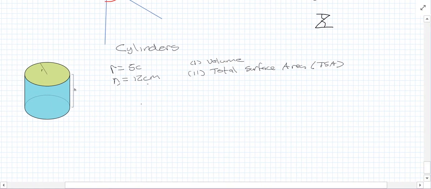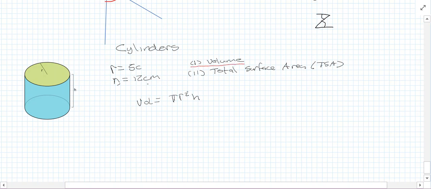Volume is equal to pi r squared multiplied by height. We can use this formula to calculate the volume of the cylinder.